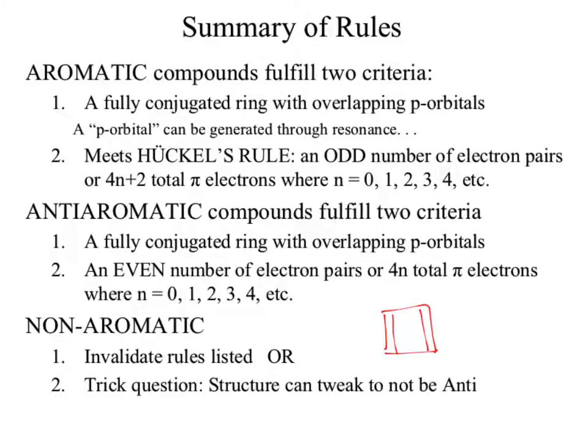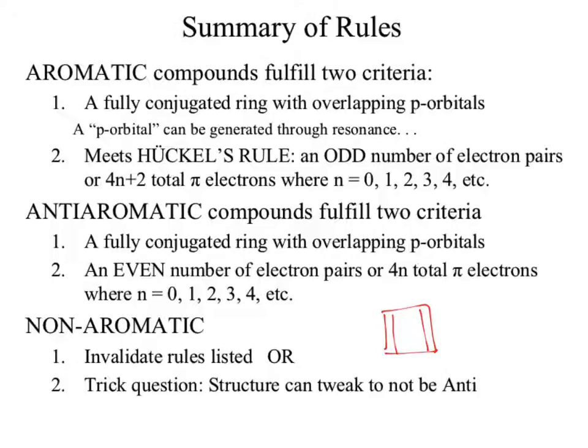That was the example of our cyclobutadiene. That structure was anti-aromatic. We're still cyclic. We still have p orbitals at every single one of those carbons, so rule 1 is satisfied. If we move to rule 2, we have to look at the number of electron pairs. Under the aromatic definition, I need an odd number of electron pairs.